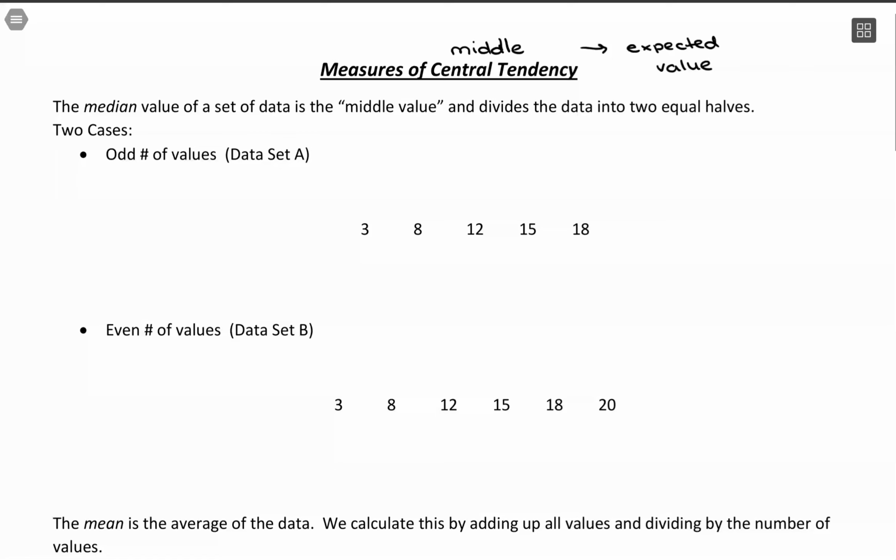So median is a location in the data set. It's a location representing the middle of the data. So what we want to do is have our data, and when we work with our data in these cases, make sure it's in order. The data should be in order from smallest to largest.